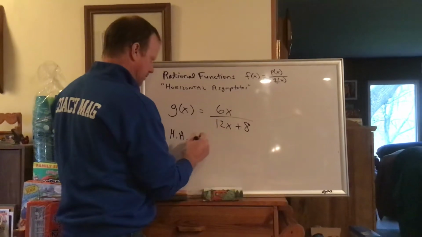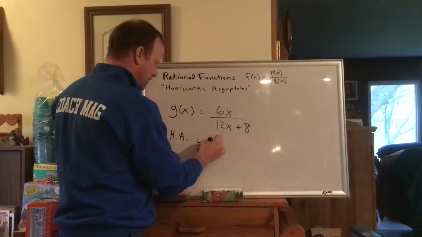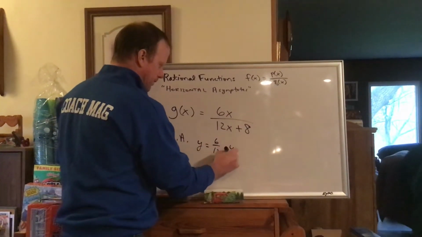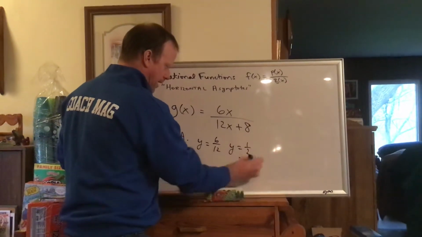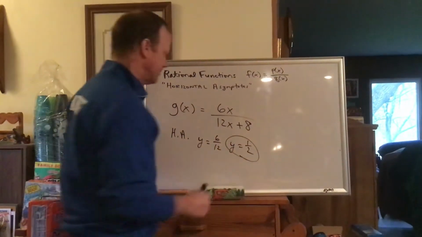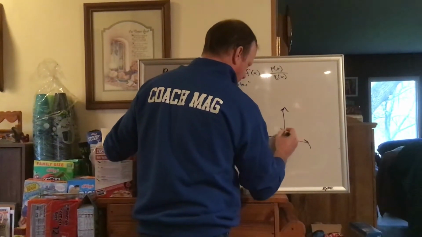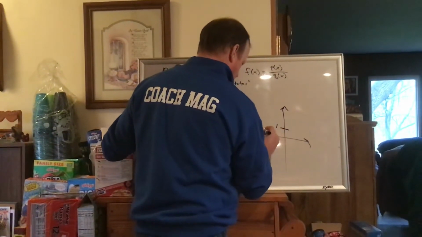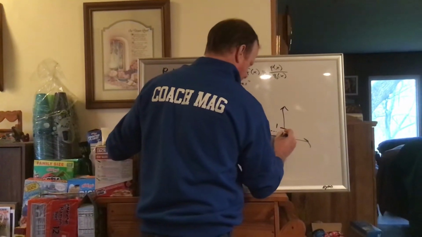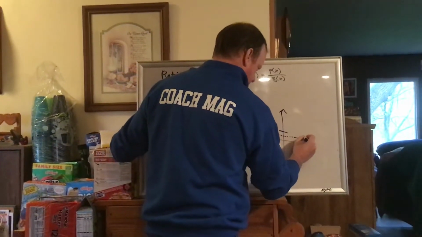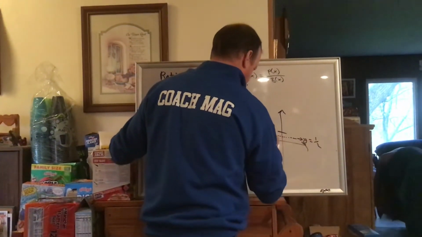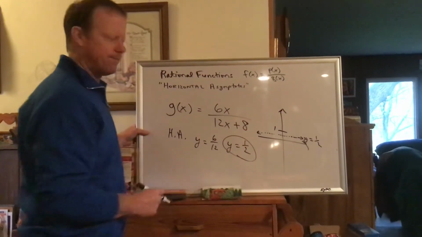So the horizontal asymptote here is going to be y equals 6/12, which is y equals 1/2, because 6/12 is a half. So there's going to be a horizontal asymptote at y equals 1/2 on this one, okay?